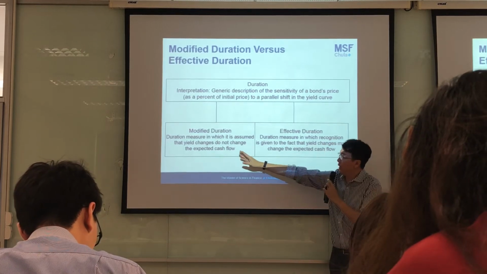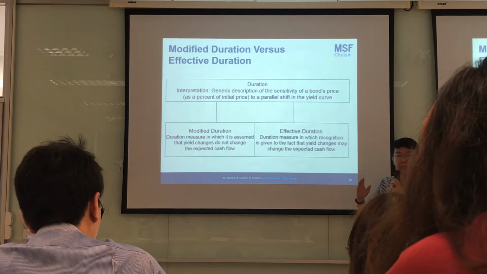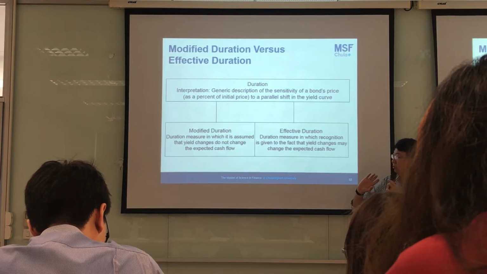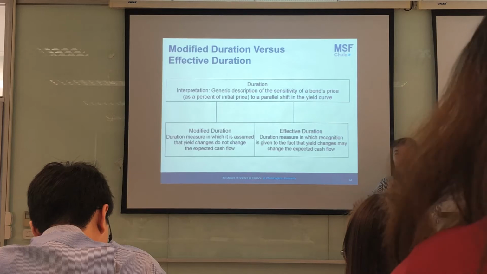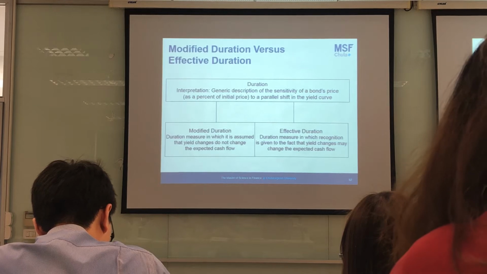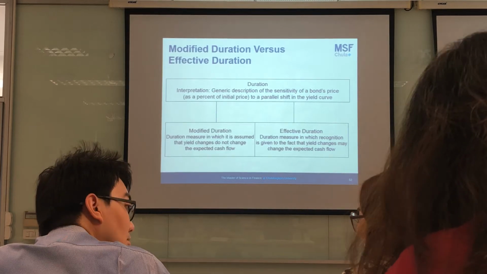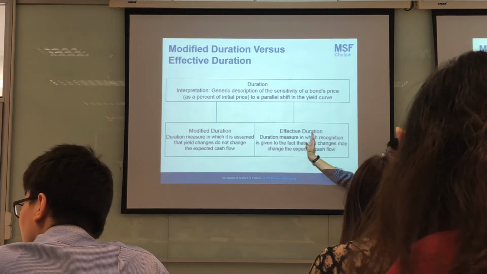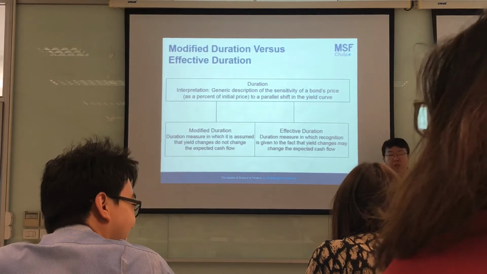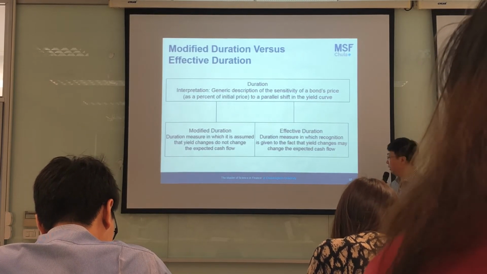So it is not the same as the modified duration, where we assume that the expected cash flow is based on the bond paying the face value at maturity. That's all, actually. We change the expected cash flow because a change of the yield may trigger the option on the bond to be redeemed, or to be sold back through the put option.